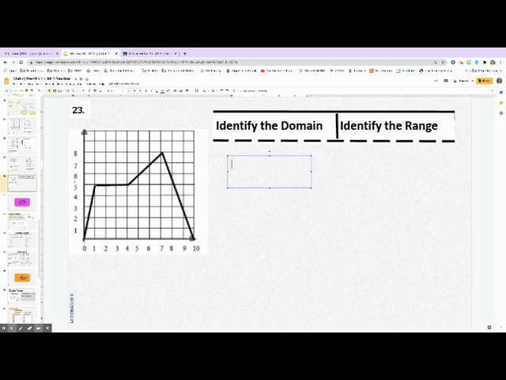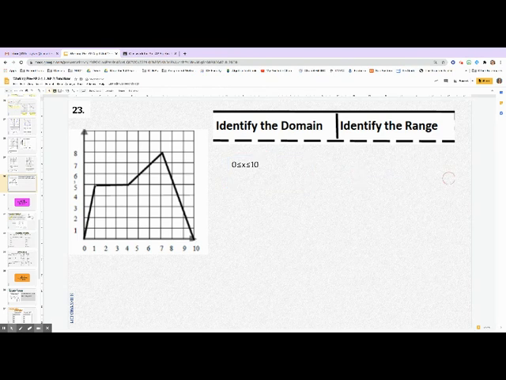It only includes quadrant 1. So it's going to go from 0, and it includes it. Less than or equal to. I'm going to put 2 of them in there. x is less than or equal to how far right? It's 10.